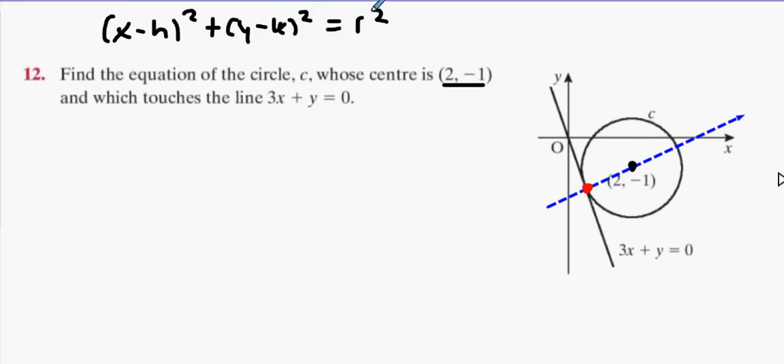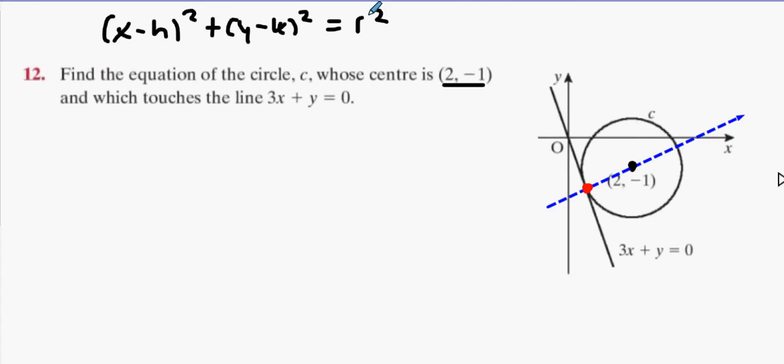So looking at the blue line, the first thing I need to find out is its slope. Any ideas how to find out its slope? Generally I need 2 points on the blue line to find its slope, don't I? Do I have 2 points on the blue line? So that method is not in play. What about the black line? Can I get the slope of the black line?